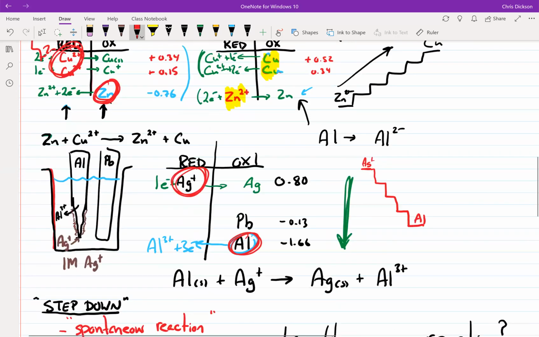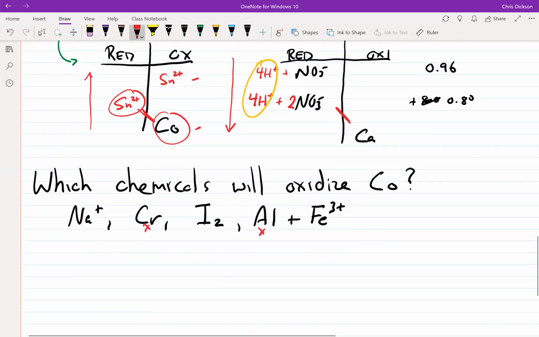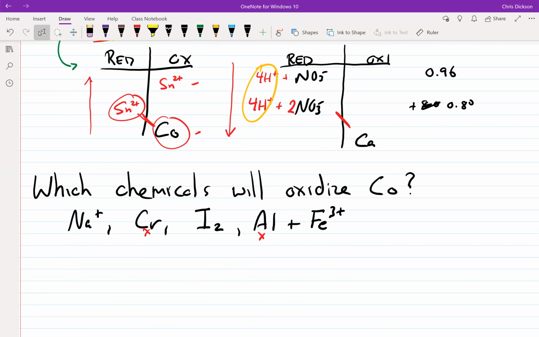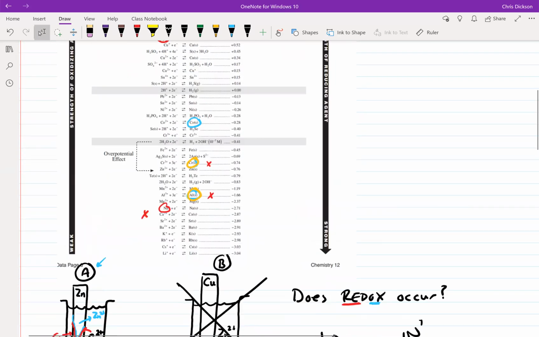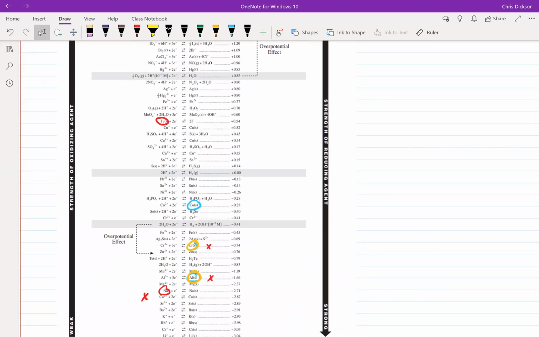And then we also had iron 3 plus and I2. I think I marked that right. Iron 3 plus. Oh, there we go. That's iron 2 plus. Maybe I can't see here.